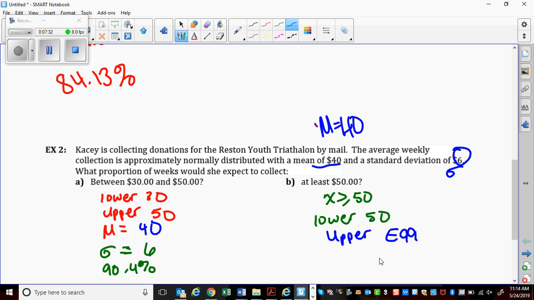And then the mean and standard deviation should already be in there for you. Just go down and press enter. And then when we plug this into our calculator, we get 0.04779, something like that. So that's about 4.7% or 4.8%.